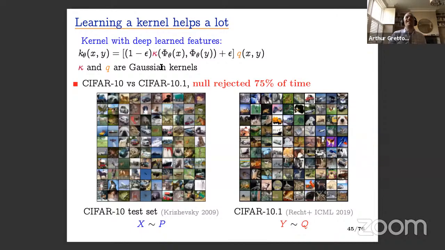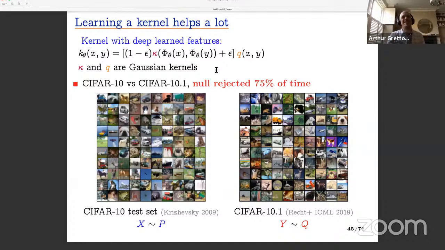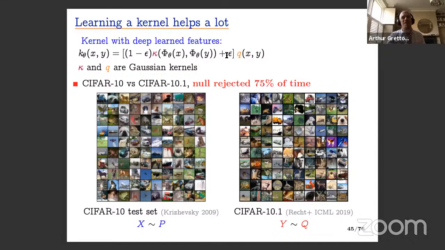Basically, I would say there's a theoretical reason, which is a little bit for our own, shall we say, self-delusion, and there's a practical reason. The theoretical reason is that because I've added epsilon times Q, my kernel remains characteristic, because this Q is a characteristic kernel. This is true, but it's also not interesting for images.